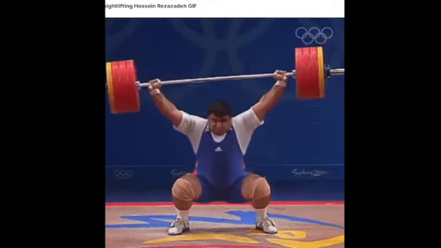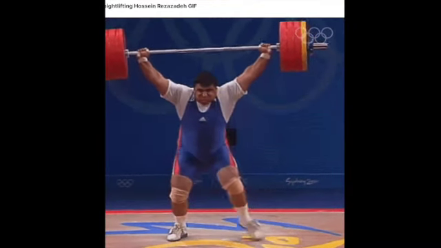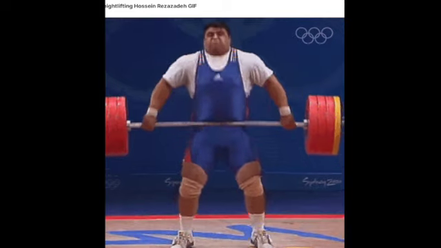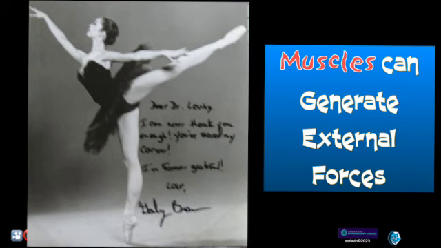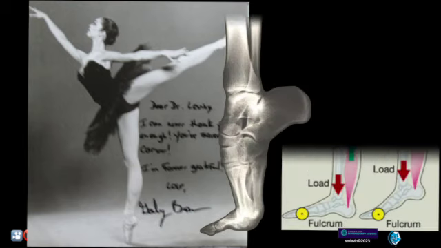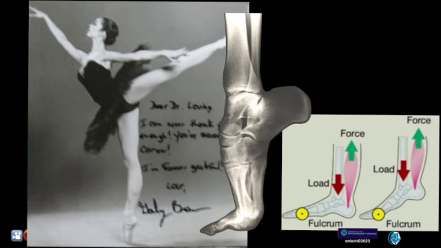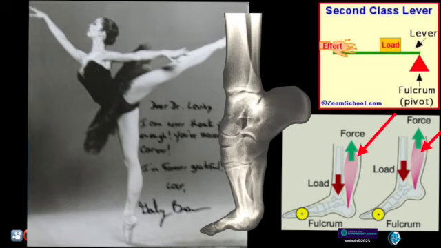Conventional wisdom has it that muscles can move an external force. Let me show you what I mean. This is Gabby Brown en pointe. Conventional wisdom would have it that she rises up on her toes using the gastrocnemius muscle as part of a second-class lever system. But wait!